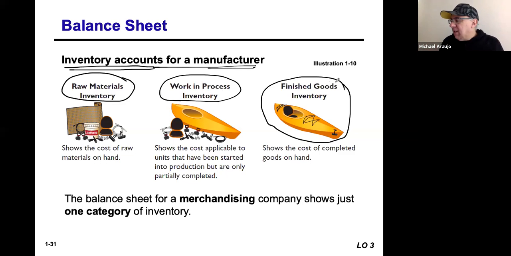So one of the big differences that you have to know here in the balance sheet is that inventory accounts for the manufacturer are broken into three pieces. The actual raw materials that they purchased, the actual work in process inventory, so things that they're still working on but they're not done, and what's done is finished goods. Once it's a finished good, it can be sold, okay?